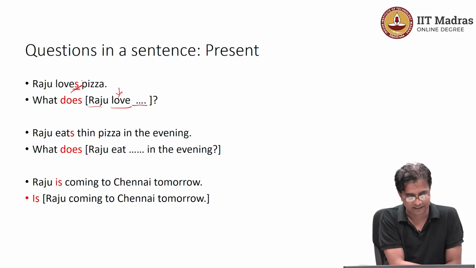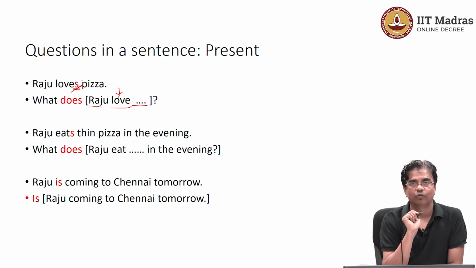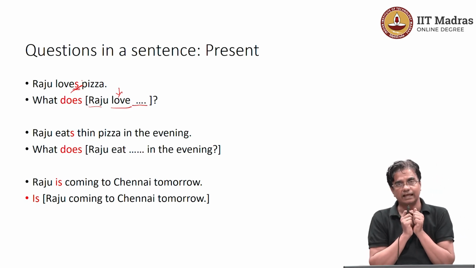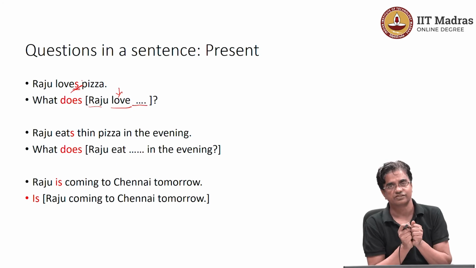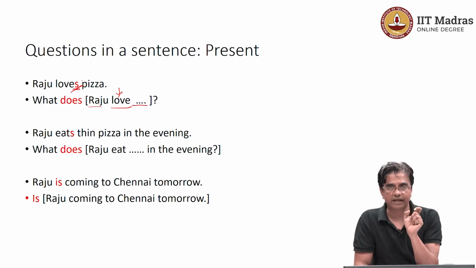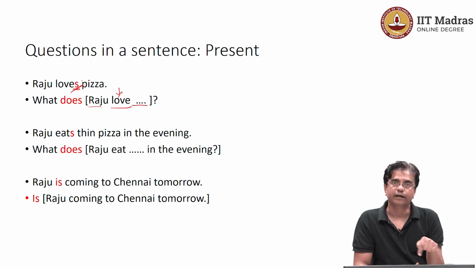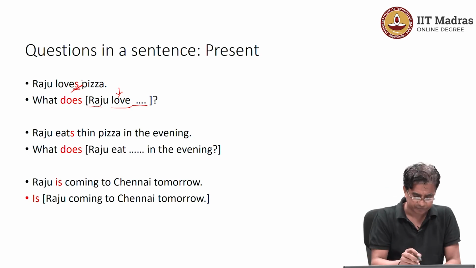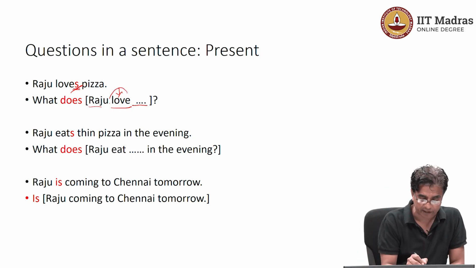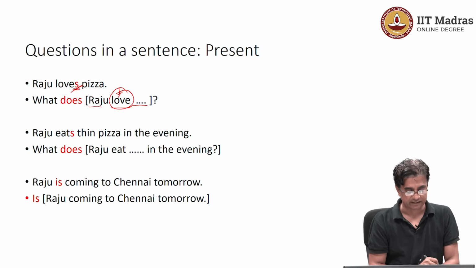Where are they? What we see is that in the process of questions, they get separated from their host verb and they move out of the sentence. And therefore, you see the bare form of the verb here.